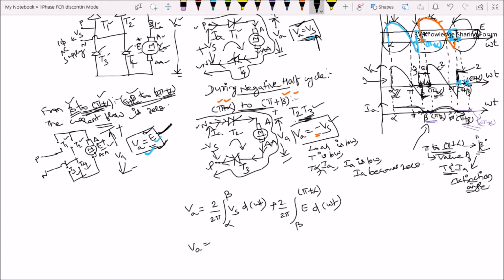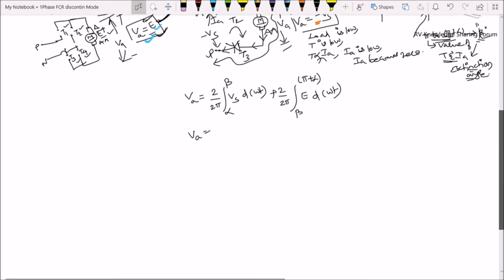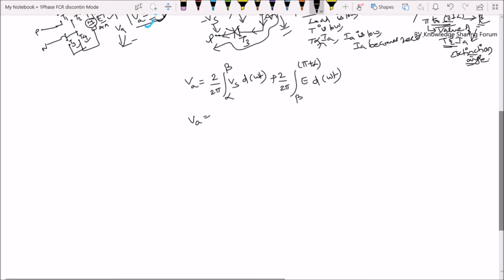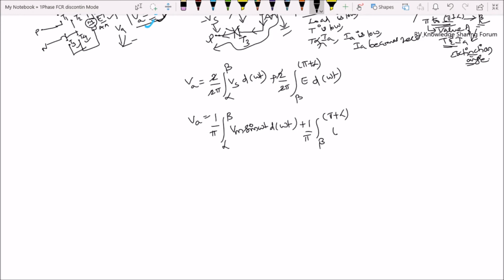Therefore VA is equal to, here the 2s cancel and 1 by pi, alpha to beta, Vs, which is Vm sin omega t d of omega t, plus again the 2s cancel, 1 by pi, integration of beta to pi plus alpha E d of omega t.